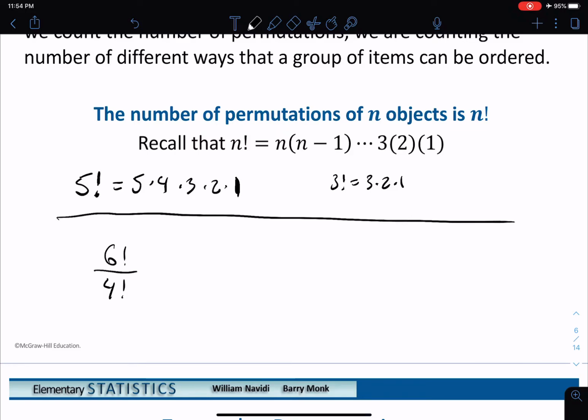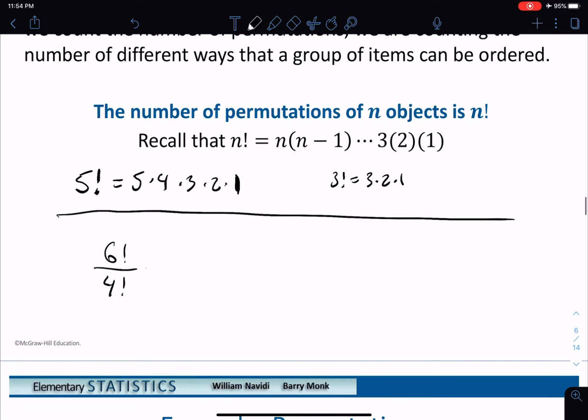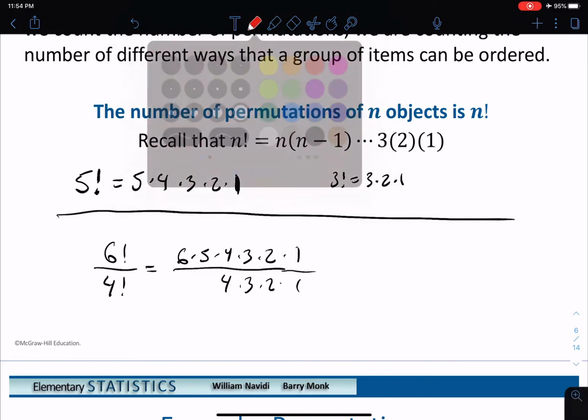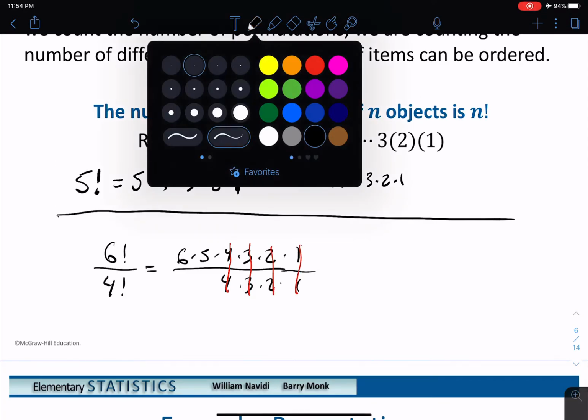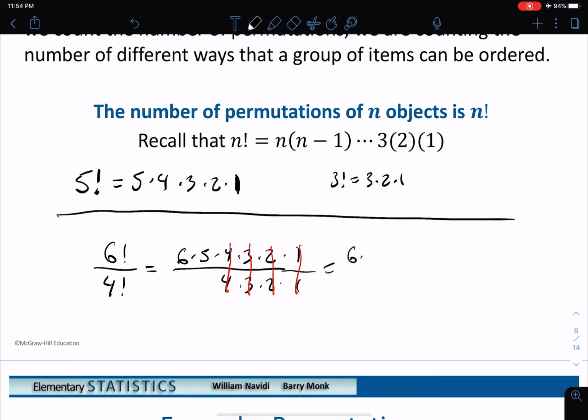Some people might think you can reduce out a 2, but it's not going to work like that, because 6 factorial actually is 6 times 5 times 4 times 3 times 2 times 1, and 4 factorial is 4 times 3 times 2 times 1. When you have common factors, you're allowed to cancel or reduce them, and so what you're left with up top is 6 times 5 over 1, which is just 30.